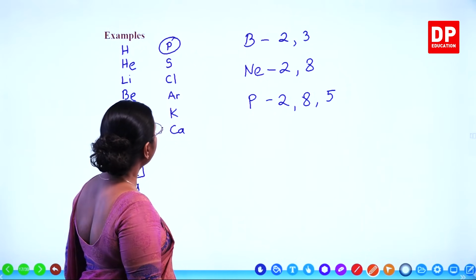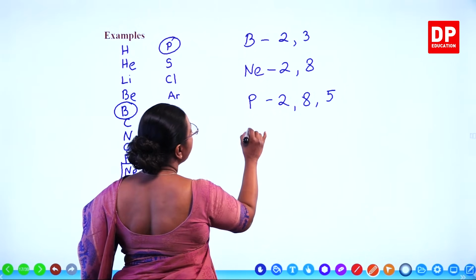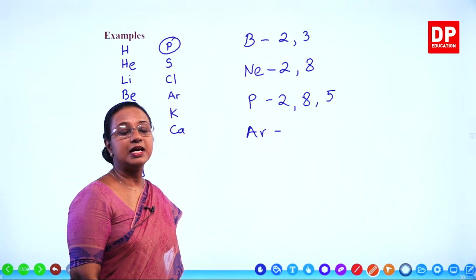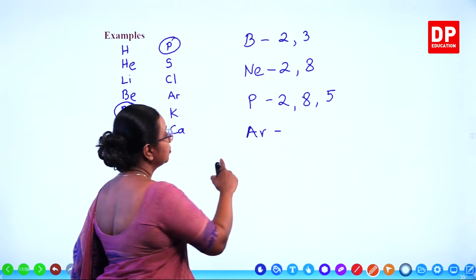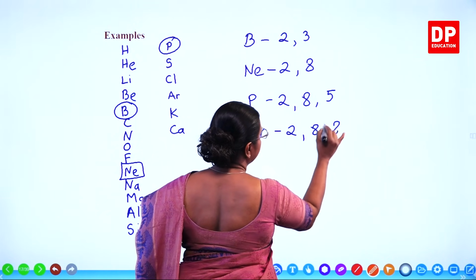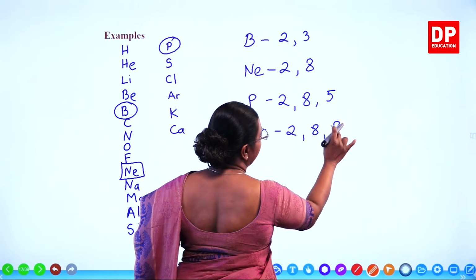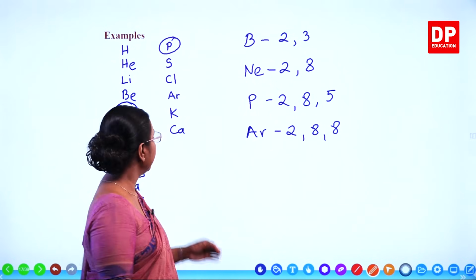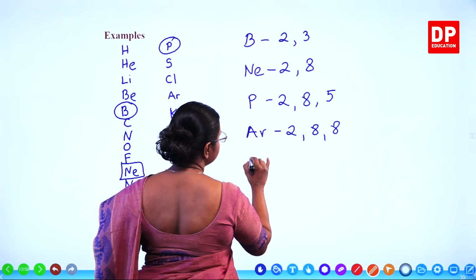We go down the order, we come to argon. Argon has atomic number 18. So then it will have 2, 8, 8. 2 plus 8, 10, and 10 plus 8, 18. Then we have potassium.